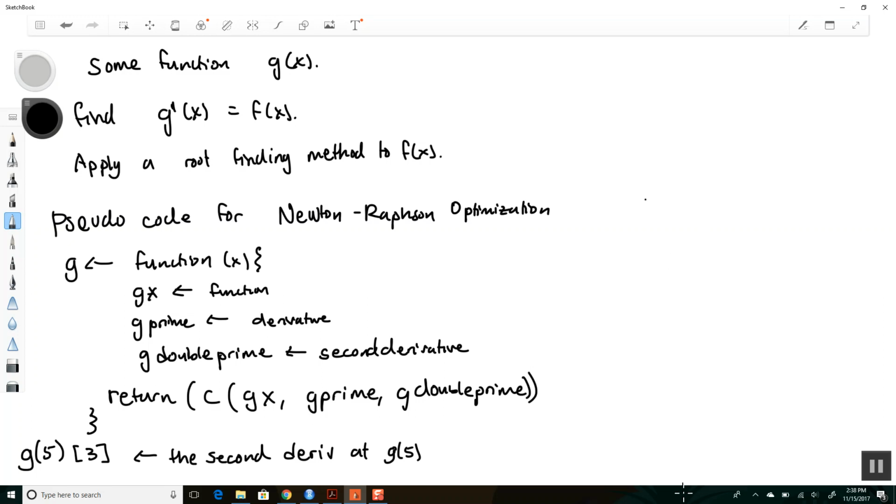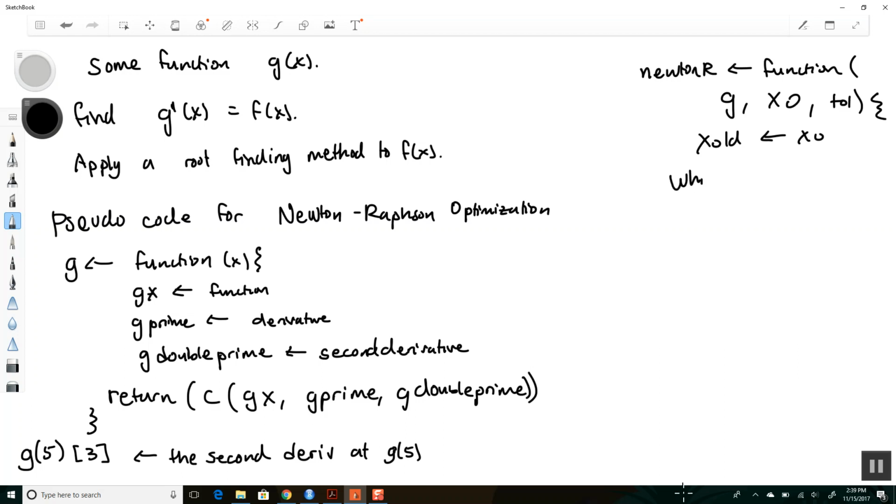As far as the actual code goes, Newton-Raphson will be a function, and we'll need three things in there: g, a starting value x0, and a tolerance. Then we say x old is x0, and create a while loop.